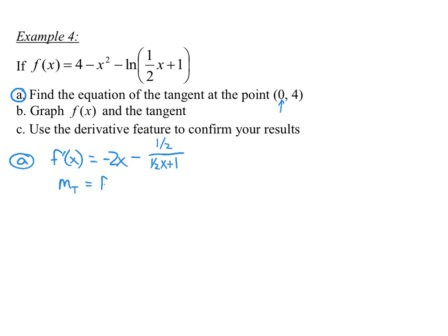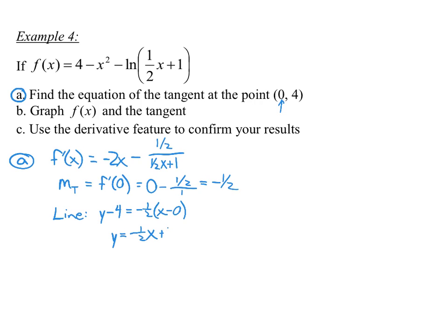Okay, so that's f prime of 0, which is going to be 0 minus 1/2 over 1, or just a negative 1/2. So the tangent line that I have is going to be y minus 4 equals negative 1/2 times x minus 0 using point slope form, and y equals negative 1/2 x plus 4.